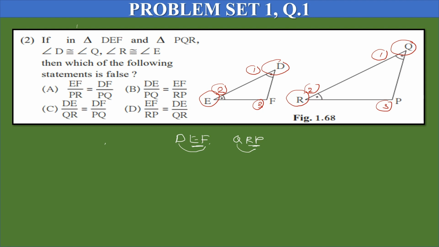Next, the second option: DEF means QRP. So DE upon PQ, DE is first second, and PQ, okay, PQ is not coming as first second, so this is false. Yes, so the false option is B.